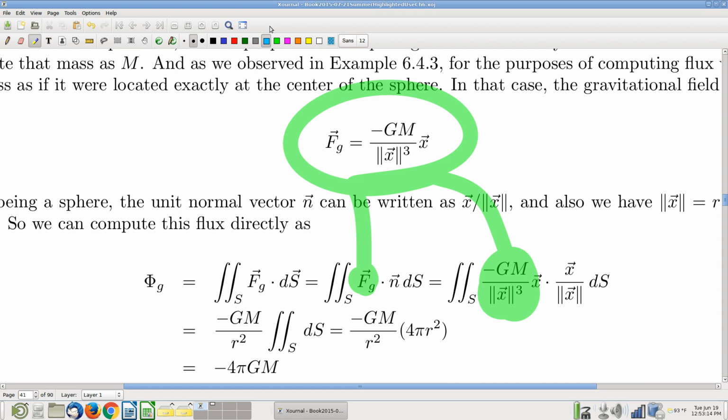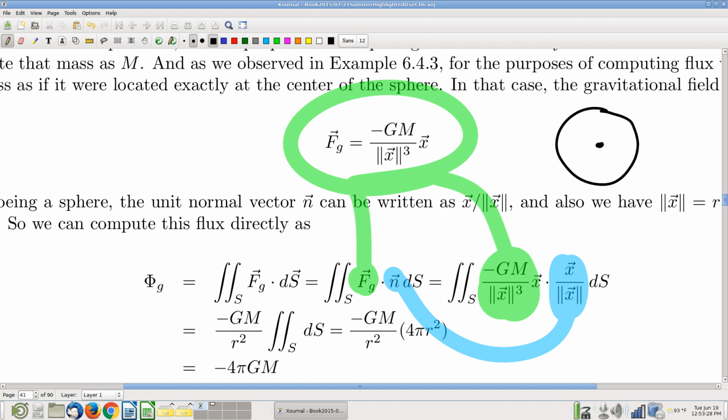Okay. Let's think about our normal vector. Well, conveniently, this is a sphere. Spheres have lots of symmetries. The normal vector to a sphere, with that being the center, points in the same direction as the position vector.